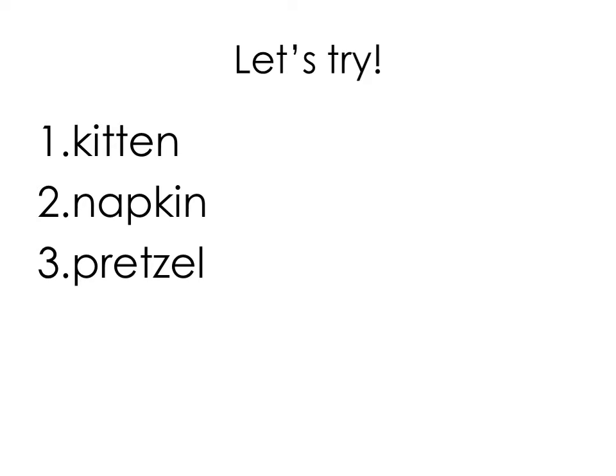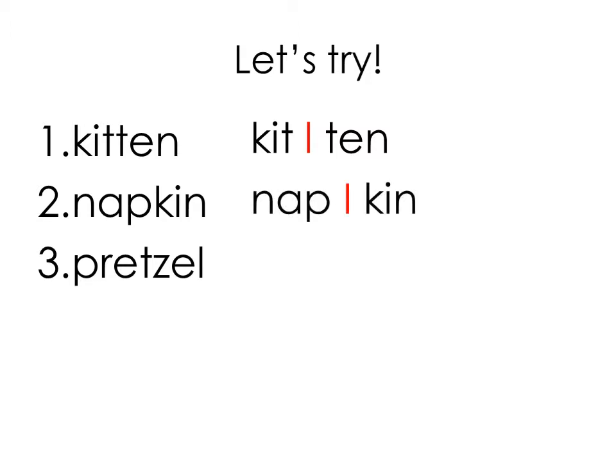And if you're done, click the play button so we could check your answers. Number 1, kitten, kit, chop, ten. Number 2, napkin, nap, chop, kin. Number 3, pretzel, pret, chop, zel.